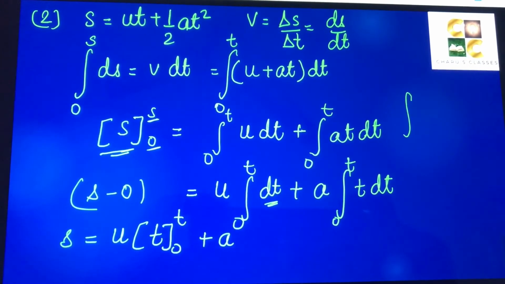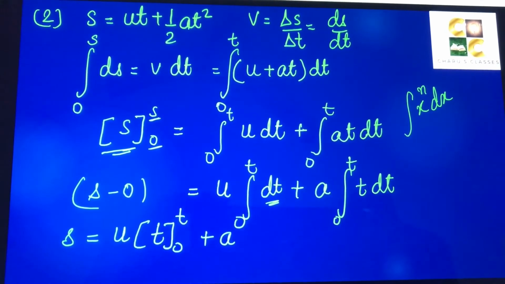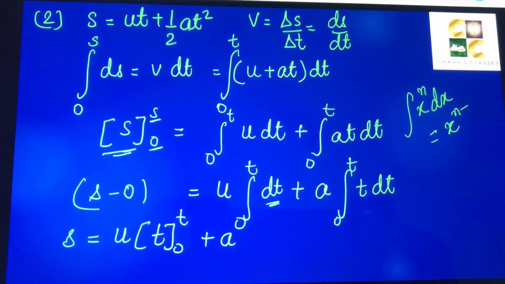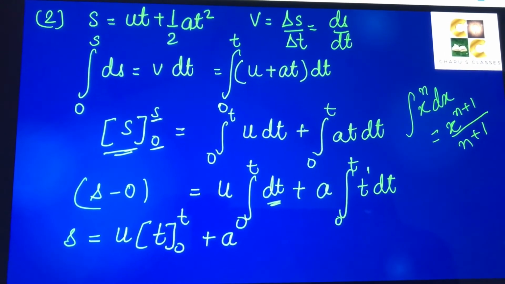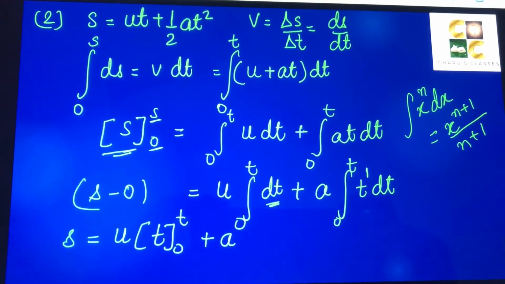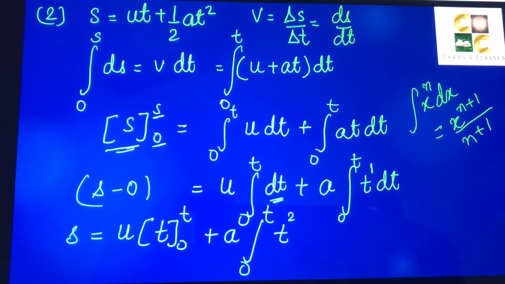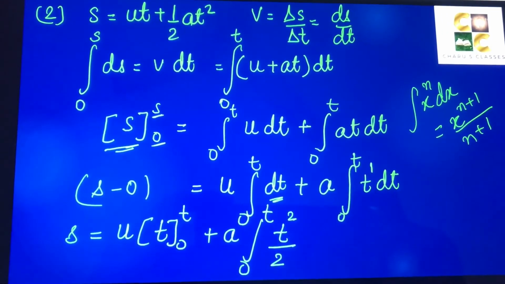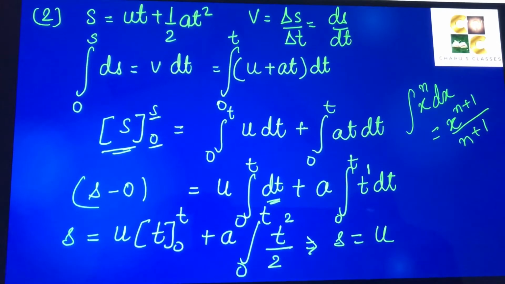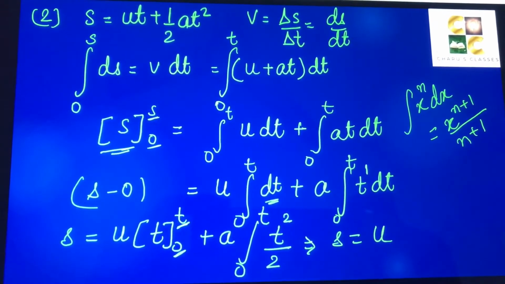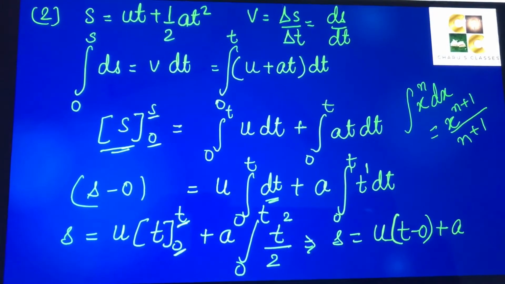So we know the integration formula. Integral of x to the power n dx is written as x to the power n plus 1 by n plus 1. So this is t to the power 1. So this will become integral 0 to t to the power 1 plus 1, that is t square, by 2. Or we can say s is equal to u, putting the values of t and 0, t minus 0, plus a.